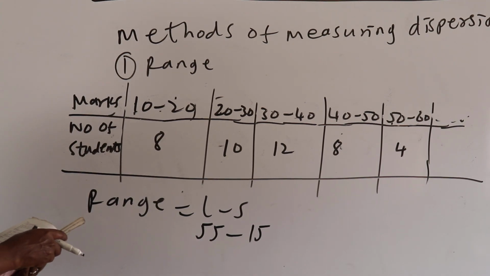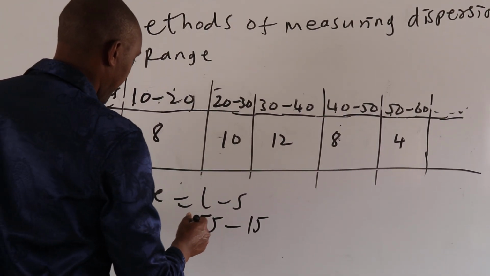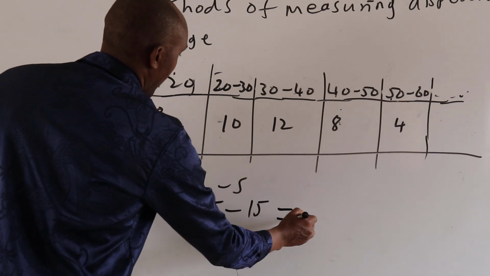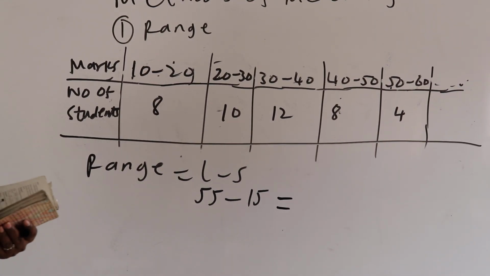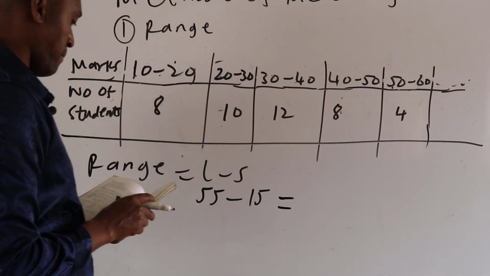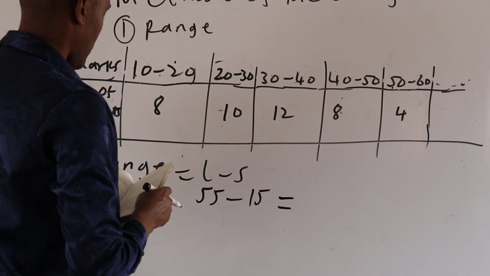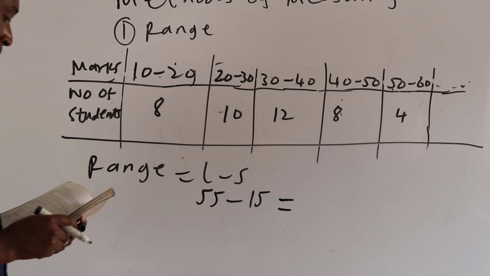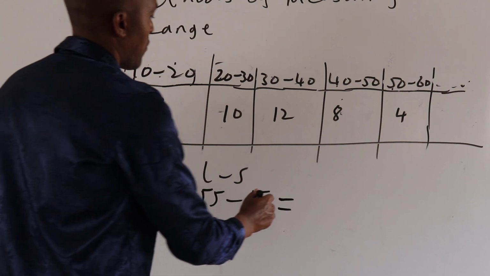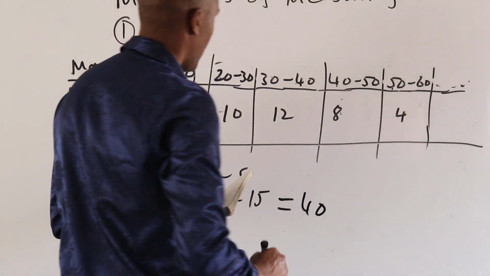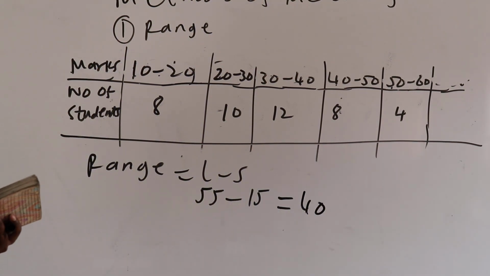So 55 minus 15. Do your calculation. What is the answer? The answer is 40. So 40 is our answer for that question.